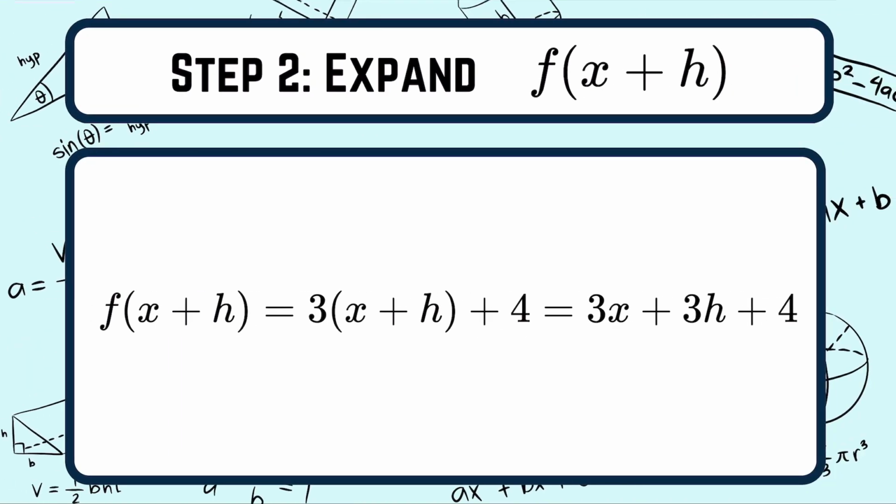The second step is expand the f of x plus h. So f of x plus h is equal to 3 times x plus h, plus 4. So we can expand it and change it into 3x plus 3h plus 4.